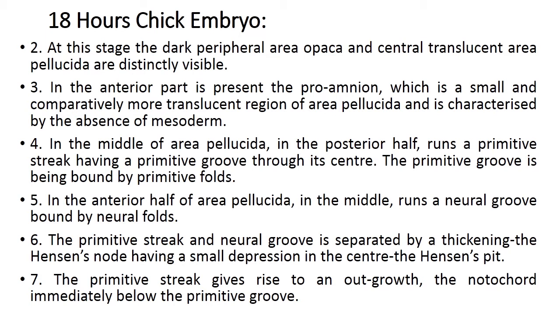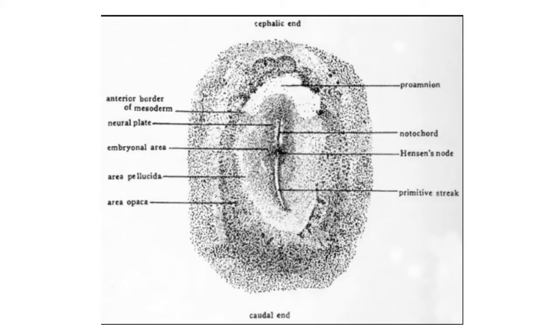So at 18 hours you have both the primitive streak and the neural fold. The primitive streak and neural groove are separated by a thickening, Hensen's node, having a small depression in the center, the Hensen's pit. The primitive streak gives rise to an outgrowth, the notochord, immediately below this. At 18 hours you have, halfway, Hensen's node.